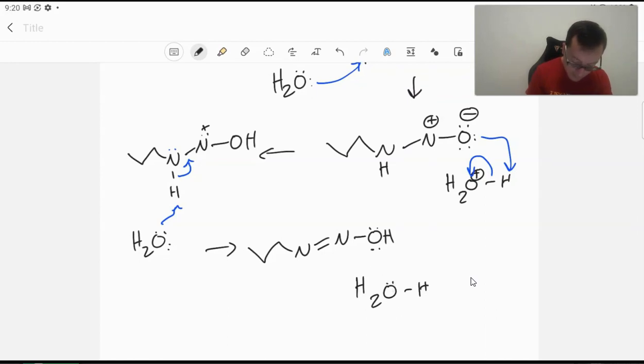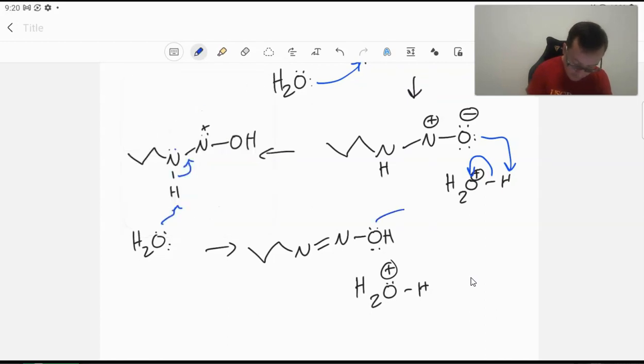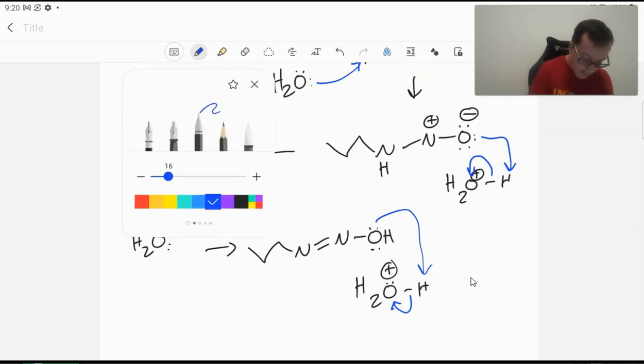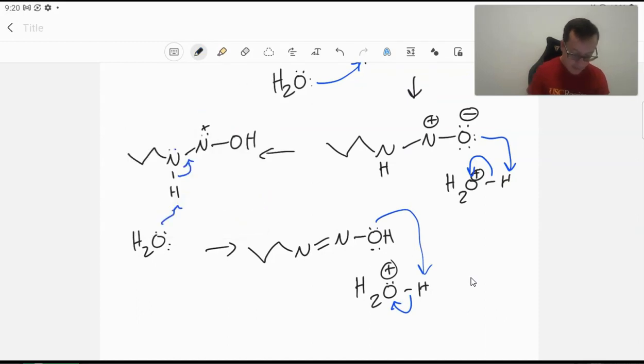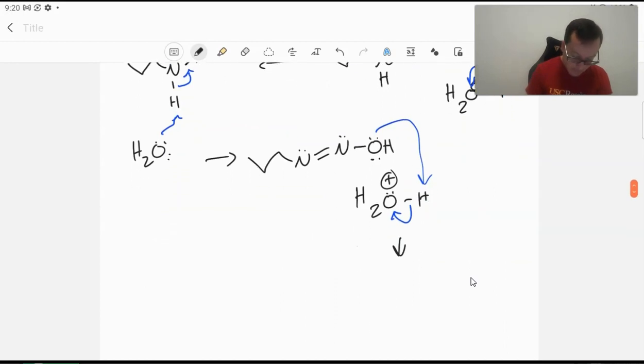Oops, too many lone pairs. So we're going to now have OH2 plus, keeping our lone pairs here out of the way. I should have chosen a shorter molecule, shouldn't I? All right, here we go. Now we can make this happen.